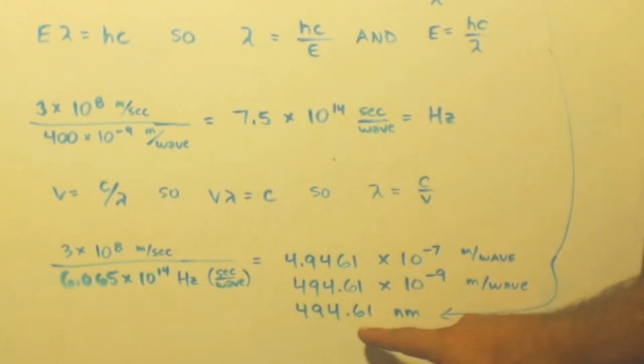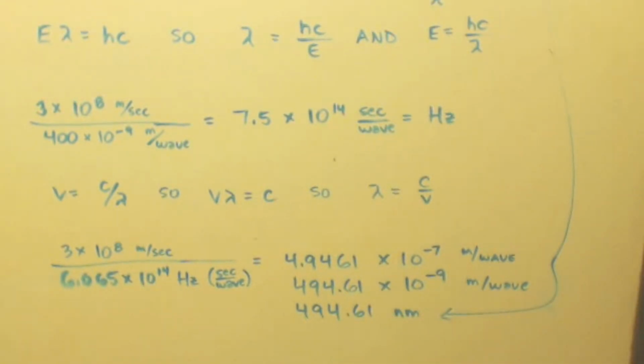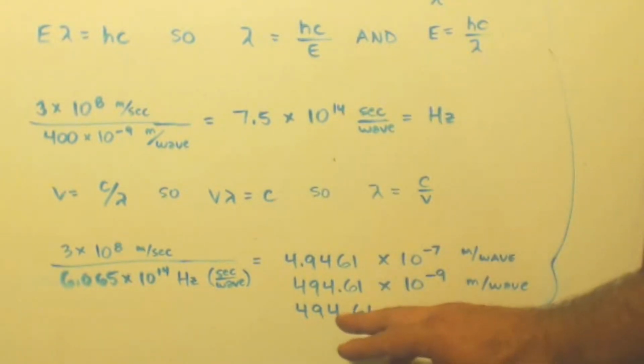So what does this tell me? This tells me I need 494.61 nanometers of light to break a chlorine-chlorine bond. The longer the wavelength, the weaker it is. The shorter the wavelength, the stronger it is.